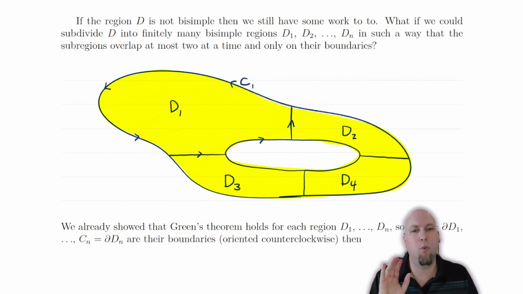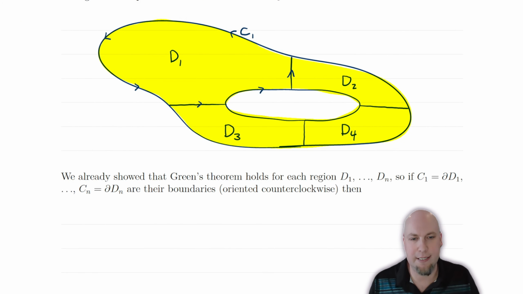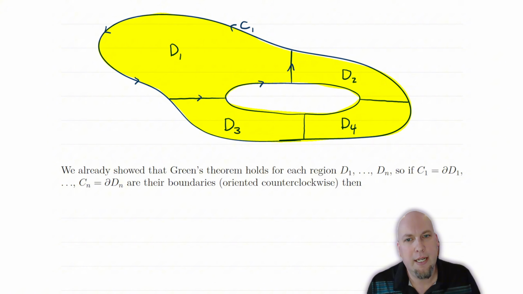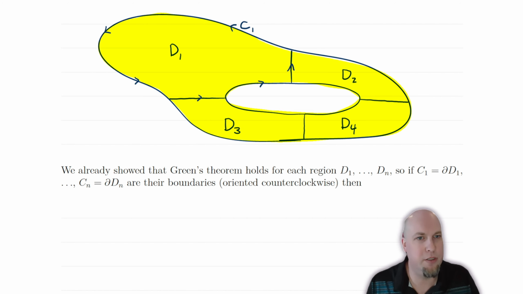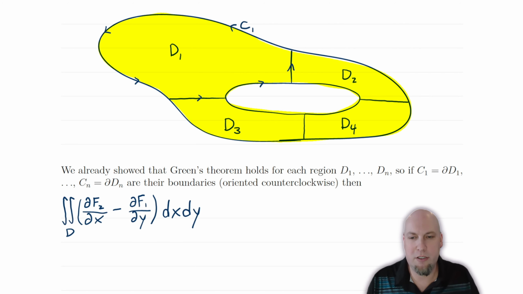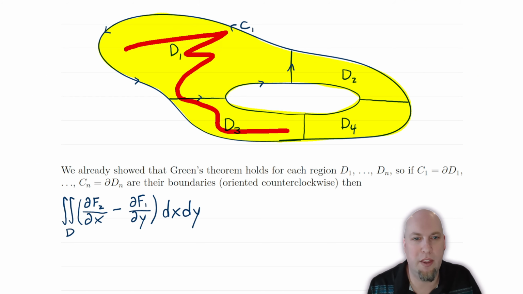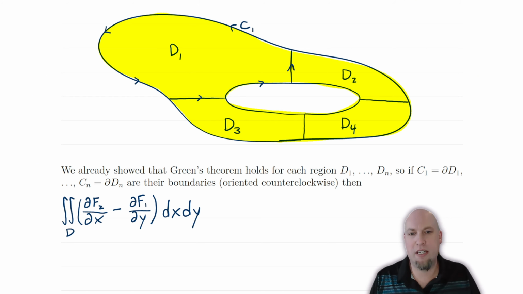Okay, and how does this work? Well, the trick is, I'm going to say C1 is the counterclockwise boundary of D1, and C2 is the counterclockwise boundary of D2, and so on. And then the double integral over the entire region D, the double integral over this whole big thing, is just going to be a sum of a bunch of smaller double integrals.